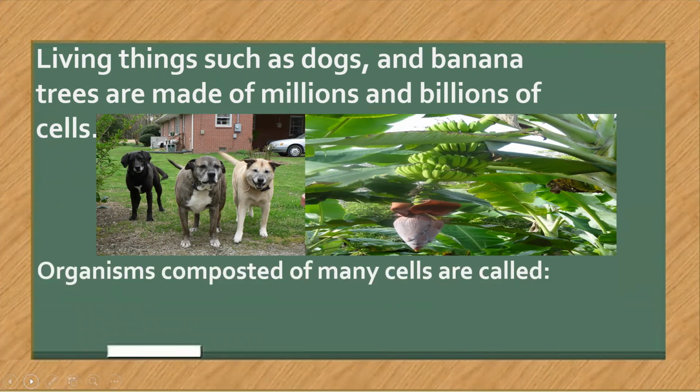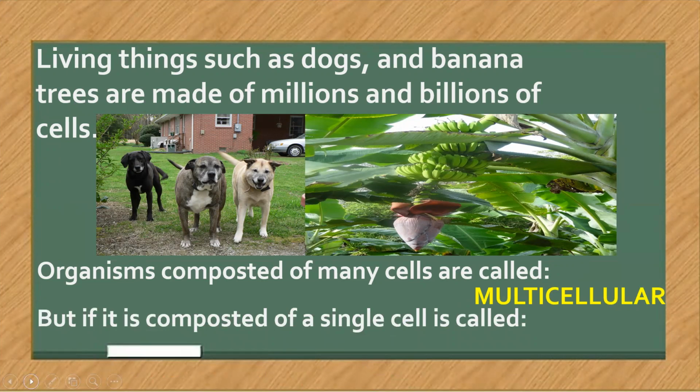And through those millions and billions of cells, organisms composed of many cells are called multicellular. But if it is composed of a single cell, it's called unicellular. Remember this, many cells, more than one cell, is called multicellular.